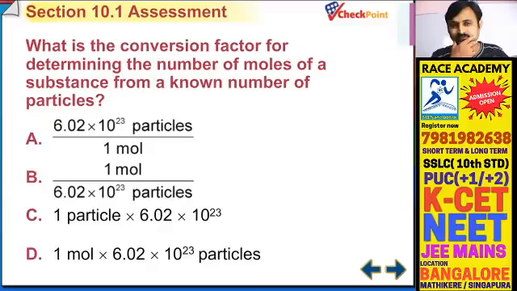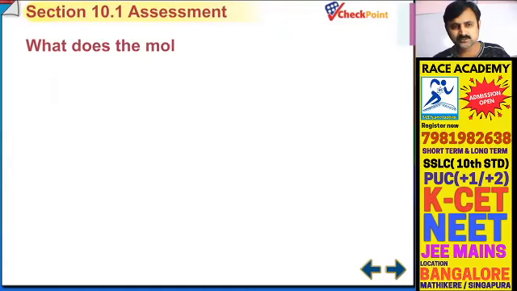When we have the number of moles and convert that into the number of particles, we multiply the moles by the Avogadro number, 6.02 × 10^23 particles. Here we take the inversion, because we are converting particles into moles.